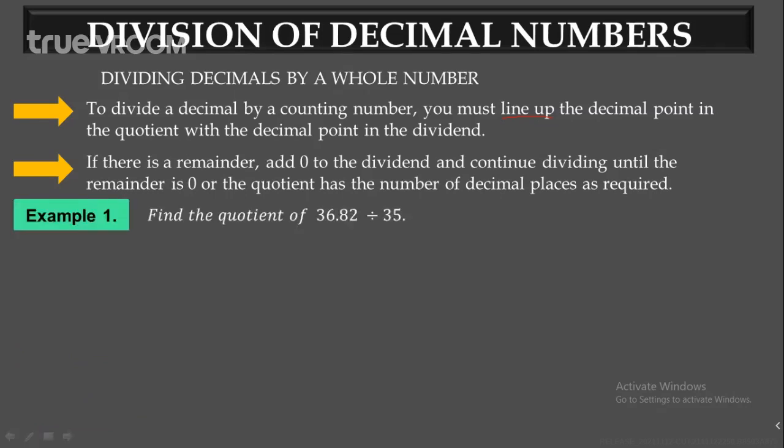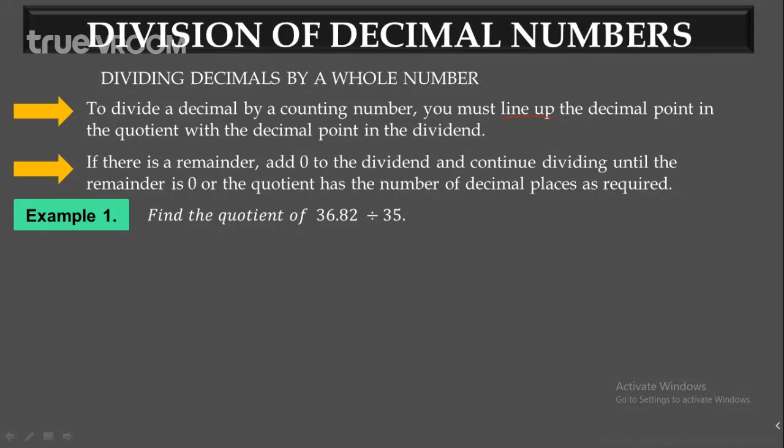For example, find the quotient of 36.82 divided by 35. What is your dividend, students? 36.82 or 35? 36.82. Very good. And what do you call 35?